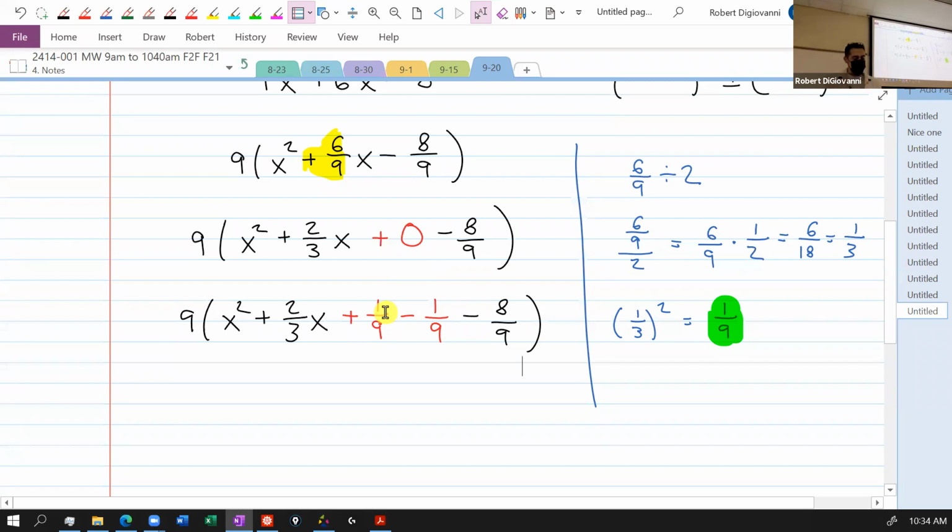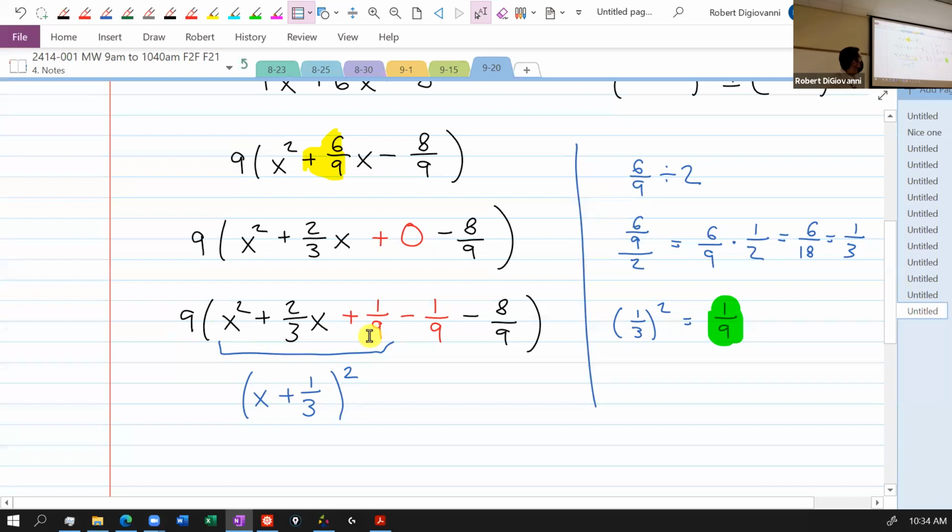But by doing it, what can we say about the first 3 terms? The first 3 terms are now what we call a perfect square trinomial, meaning it's guaranteed to factor. Not only is it guaranteed to factor, it's going to factor a very special way. It's going to be x plus 1/3 squared.